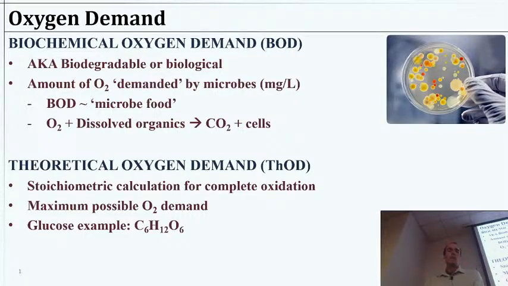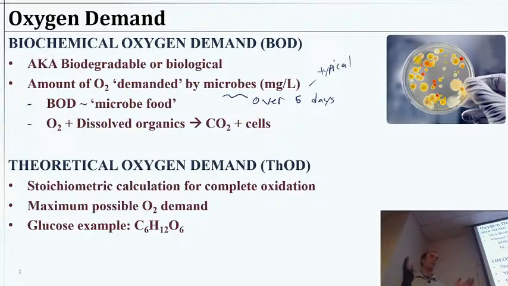And that's going to happen typically over the course of 5 days. So we're going to have this oxygen demanded over some number of days. 5 is the typical. You could, of course, use 3 days or 7 days or something like that.